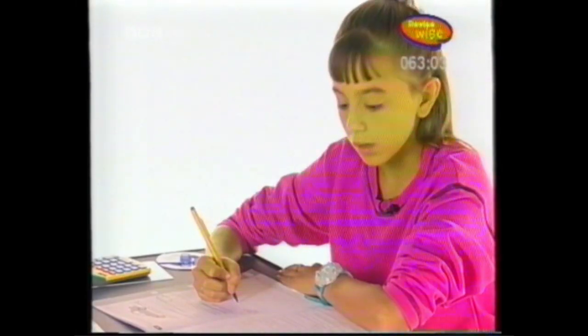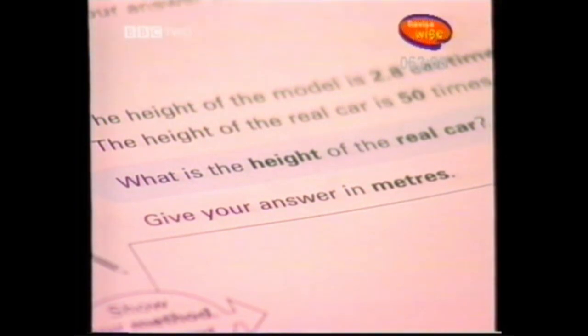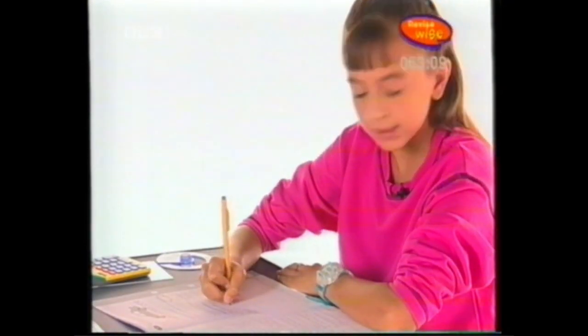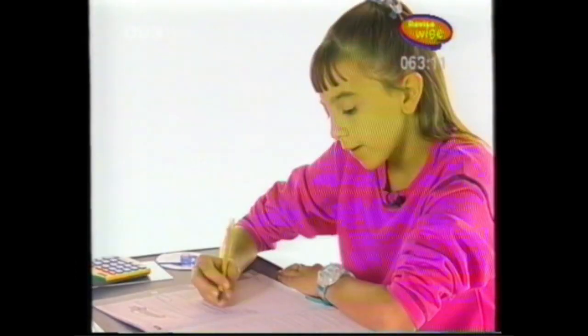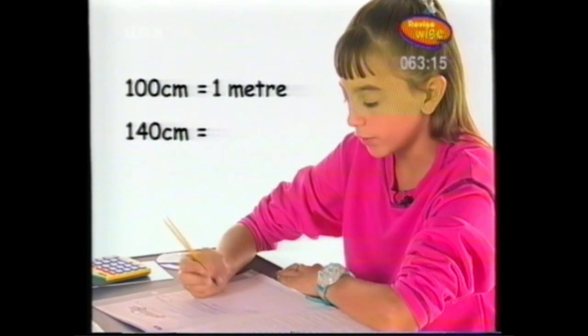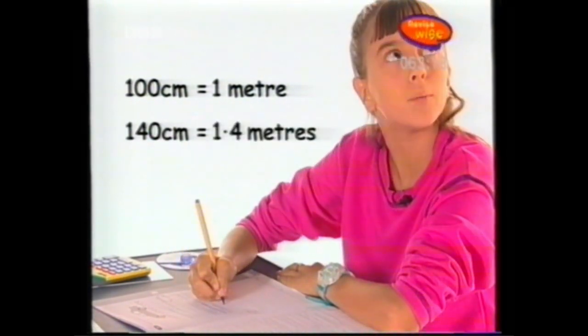But check exactly what the question is asking you. Oh, it says give the answer in metres, so I have to change 140 centimetres into metres. That's right. Well, I know there are 100 centimetres in 1 metre, so 140 centimetres is 1.4 metres. So write it in the box for 2 marks.